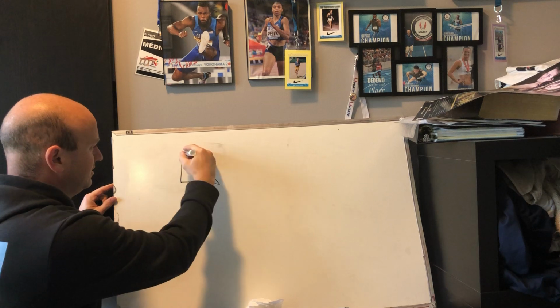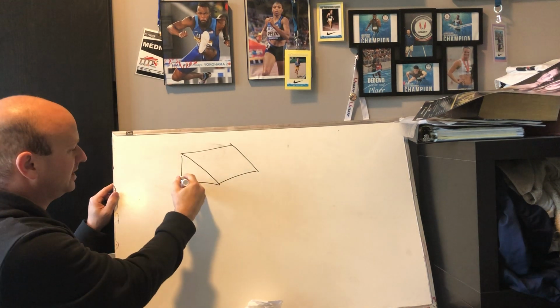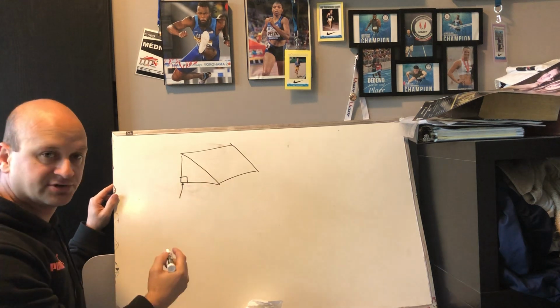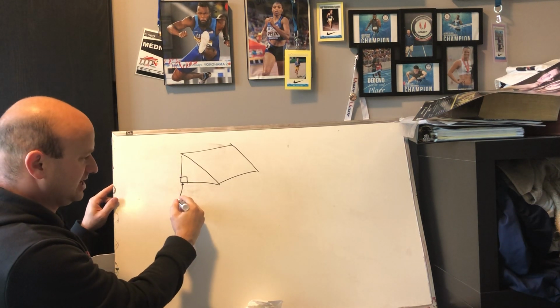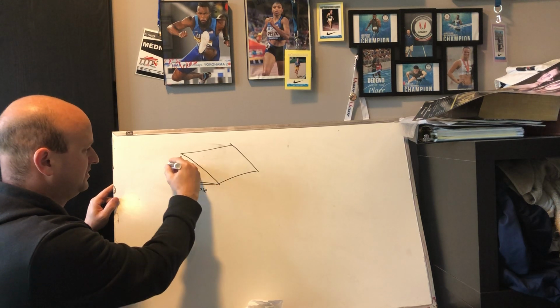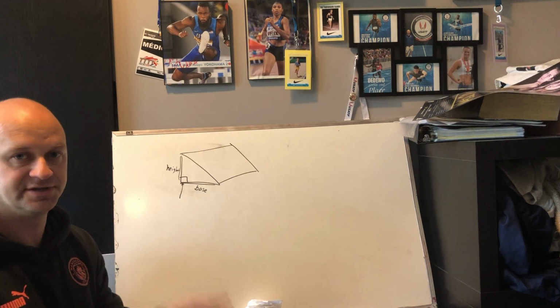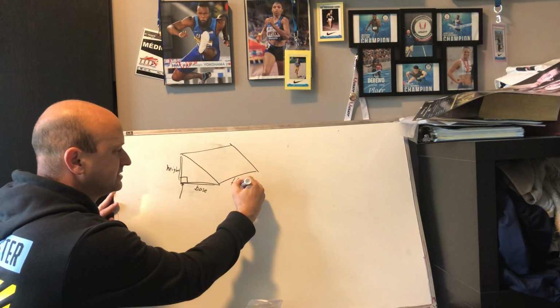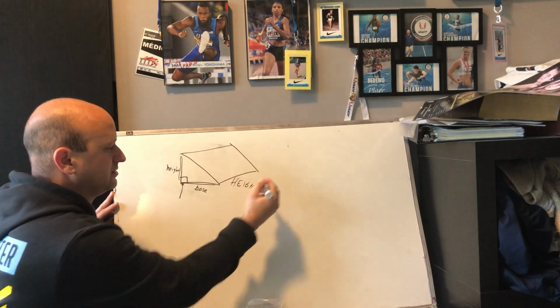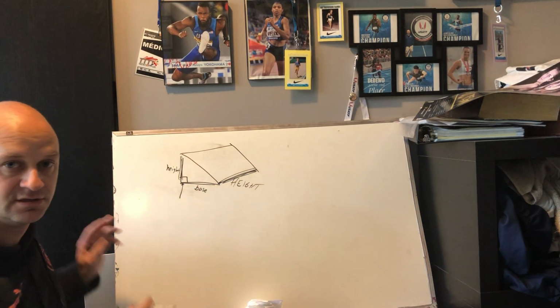In this example here, we have a triangular prism, and this 90-degree angle tells us that we have a height and a base. Now this height is not the height of the prism, it's the height of the triangle. This is the height of the prism right here. This is the height of the triangle.